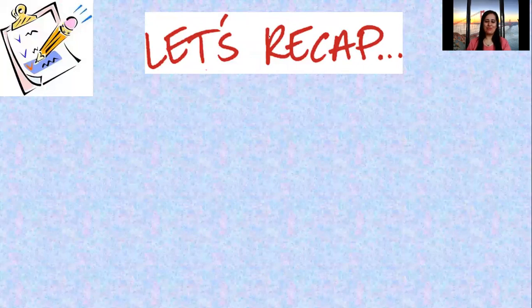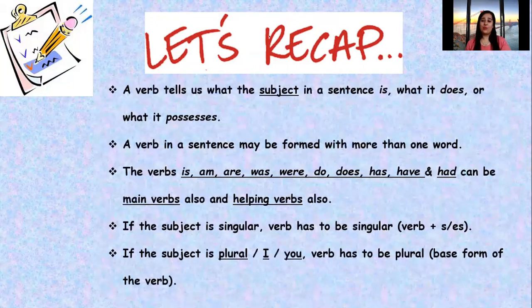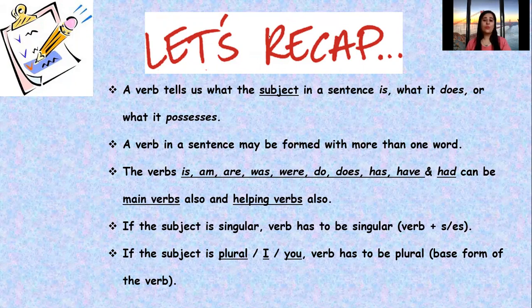Okay, so now it's time to recapitulate whatever we have done. Here, I'll quickly read these points, whatever we have covered in today's video. A verb tells us what the subject in a sentence is, what it does, or what it possesses.